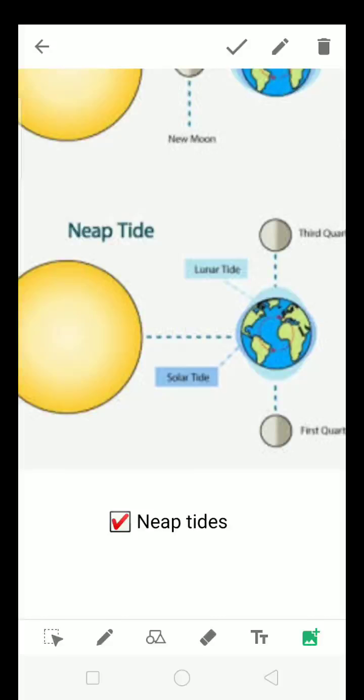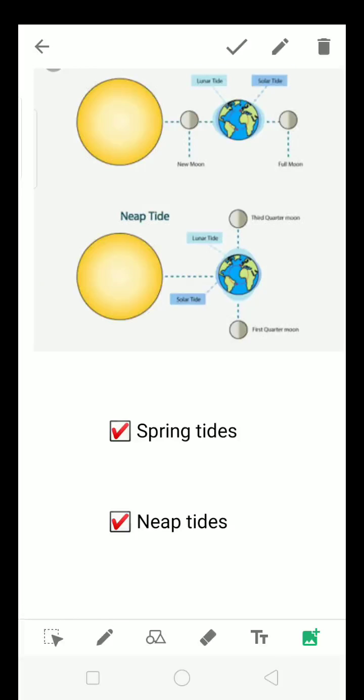You can see the sun and the moon are making a right angle with the earth. As a result, the gravitational pull of the moon is countered by the force of the sun. This creates low tides called neap tides. Thank you.